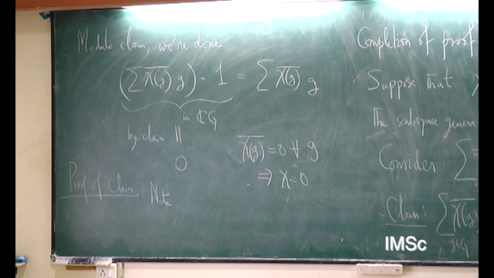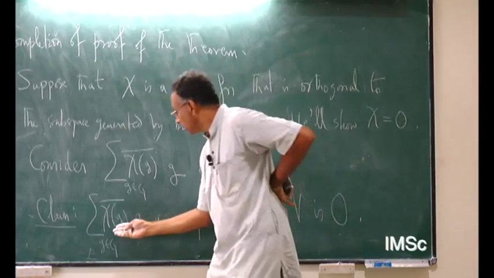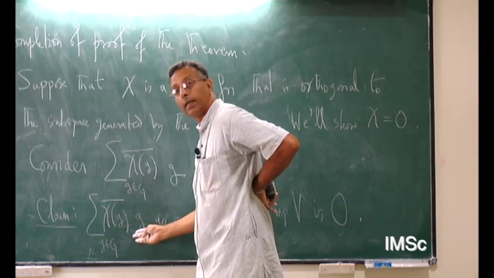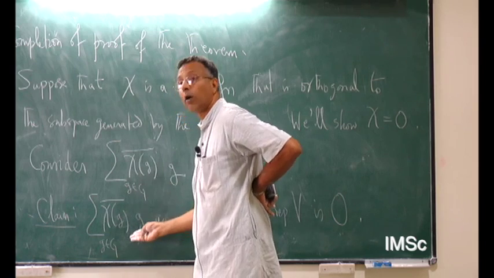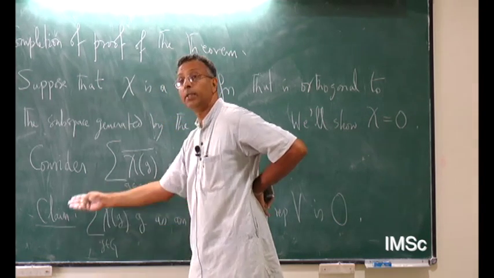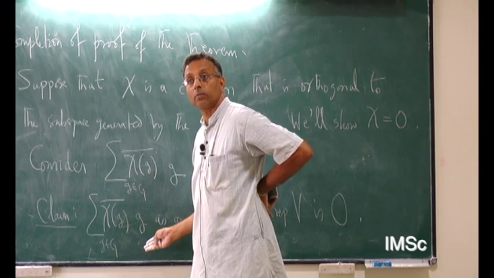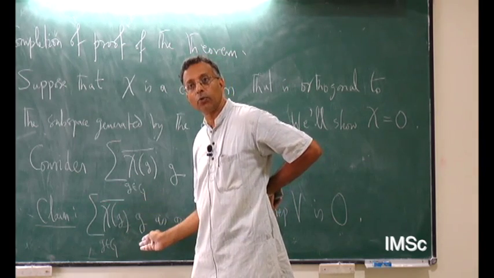Why is it so crucial that it is a class function? Well, the important thing is, when I write a thing like this, it is in the center, it commutes with all elements of G. What does it mean to say it commutes?